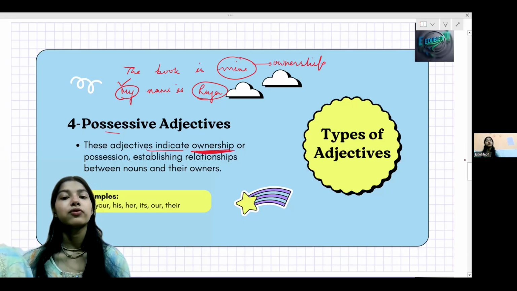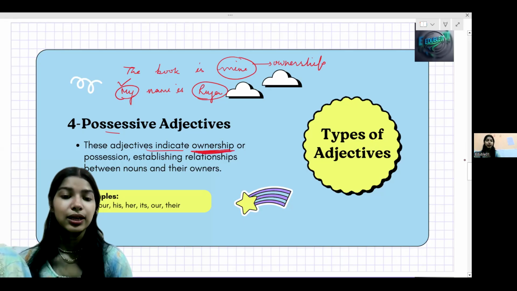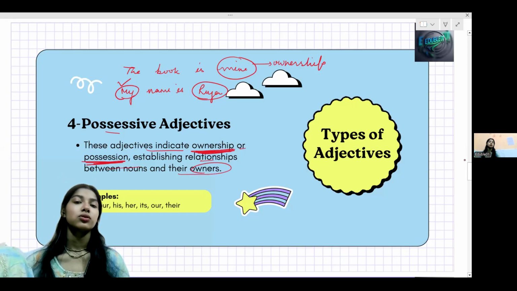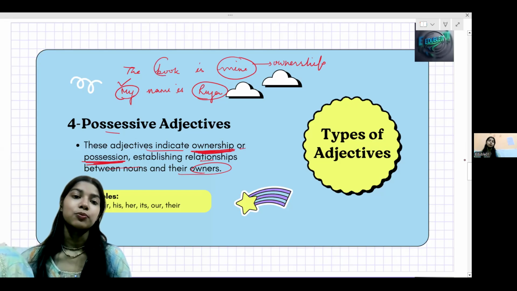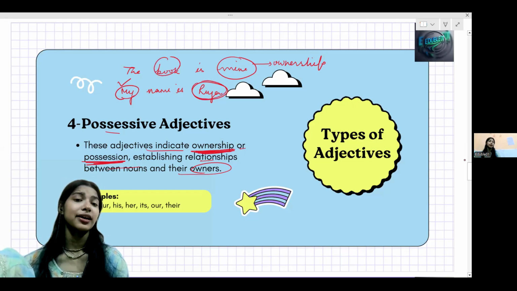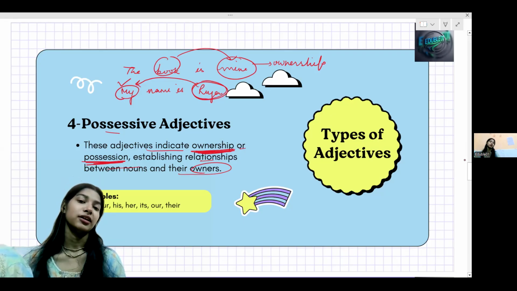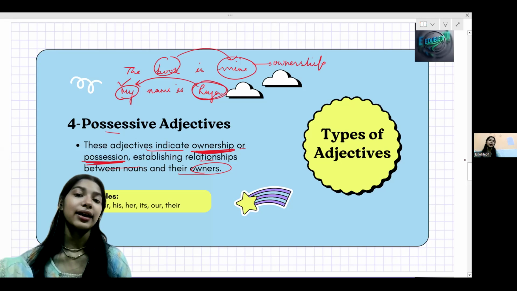So we have to look forward to these words very carefully, that ownership or possession, establishing a relationship between nouns and their owners. Just like mine and my, these are the adjectives.